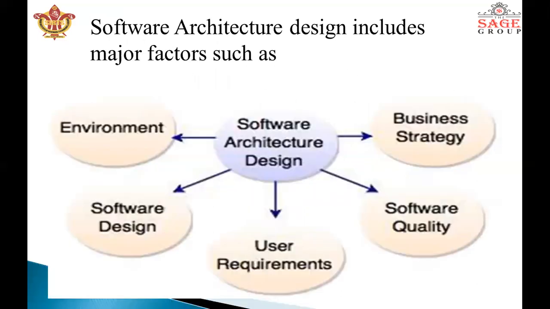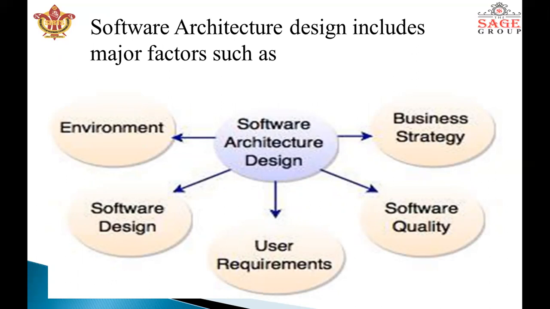So here you can see the software architecture design includes major factors. If any architect wants to design software, then these factors are important to implement that particular software, right?